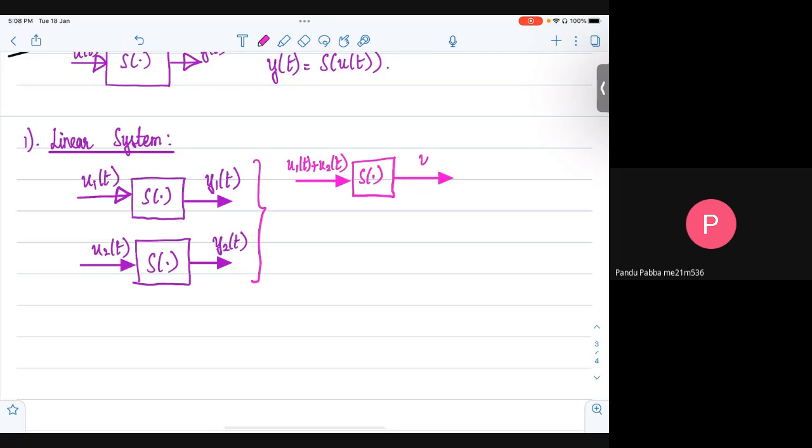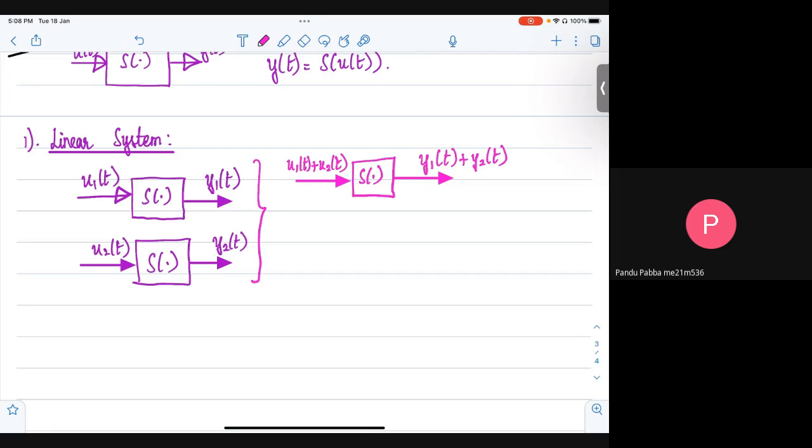Okay, so what is the first condition? If I provide U1 plus U2, I should get Y1 plus Y2. So initially in the example that we were considering, when I provided a steering wheel angle input of 10 degrees, let's say the heading angle changed by 2 degrees, and when I provided a 25 degree steering angle, the heading angle changed by 5 degrees, right?